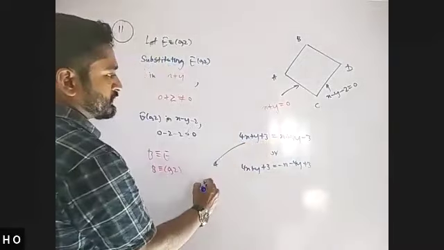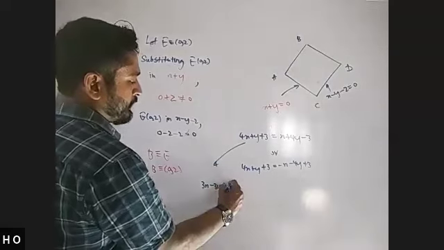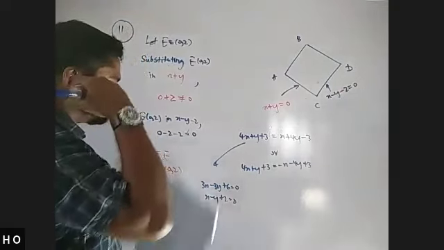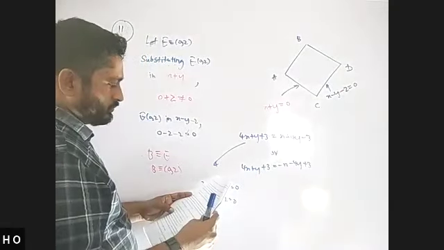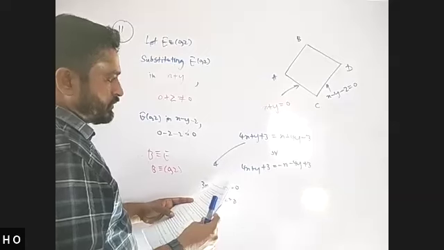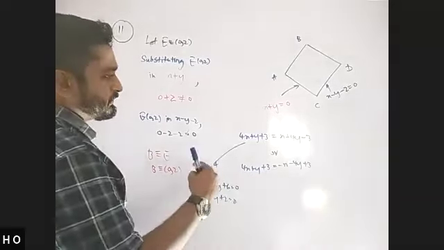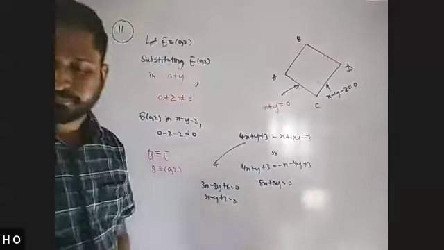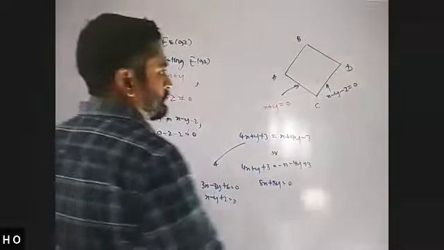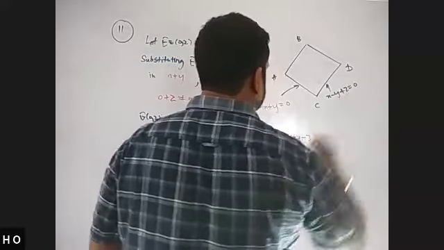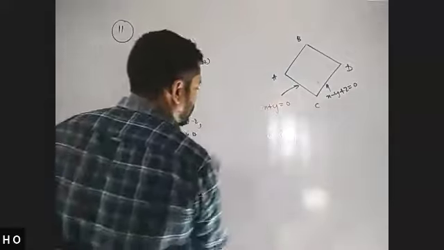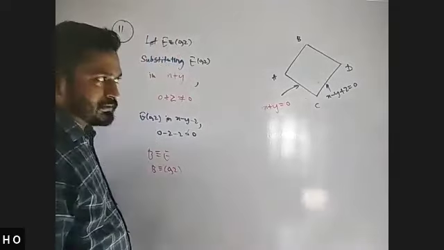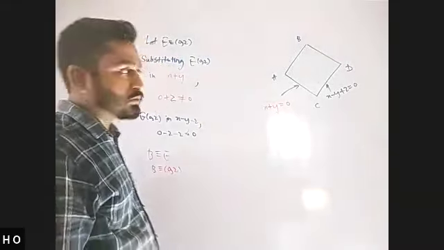From these you have 3x minus 3y plus 6 equals 0, so x minus y plus 2 equals 0, and here 5x plus 5y equals 0, so x plus y equals 0. So plus 2 is right. Therefore, x plus y equals 0 is okay, and x minus y plus 2 equals 0 is also okay.